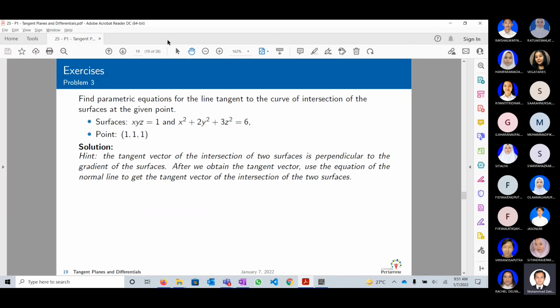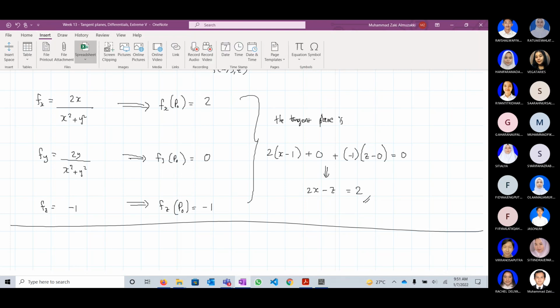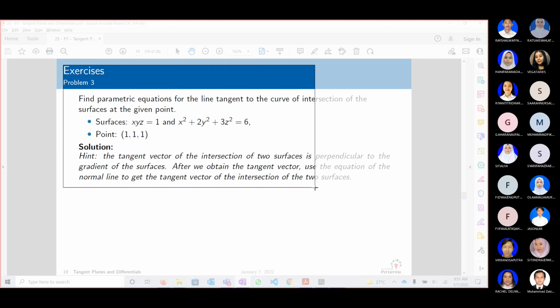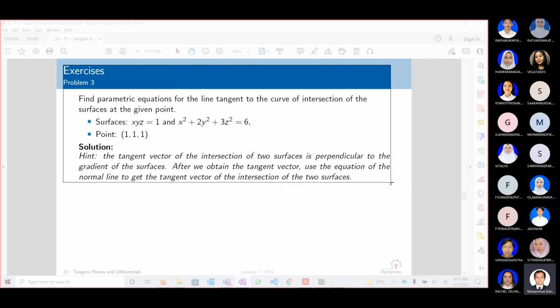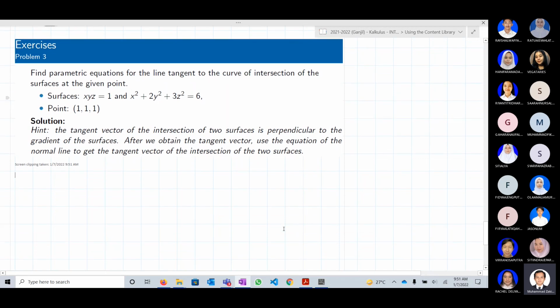Okay, then the third problem. I have put a hint here because this is a little bit harder than before.